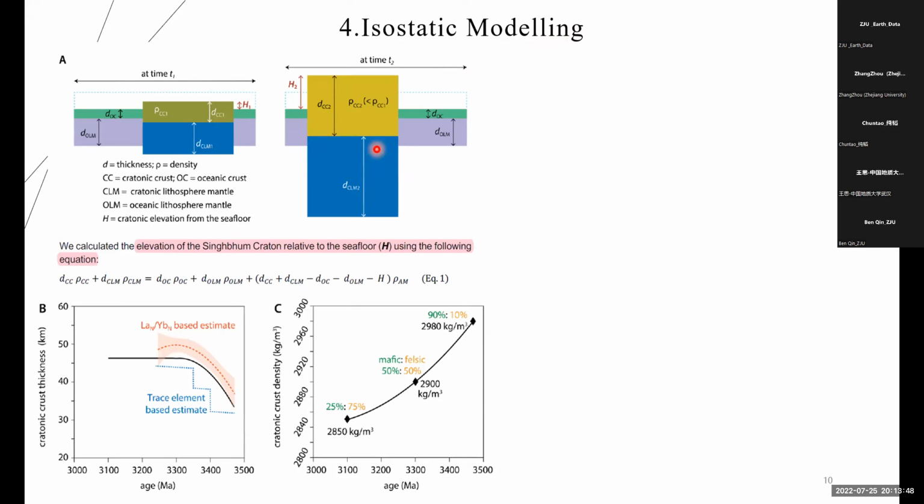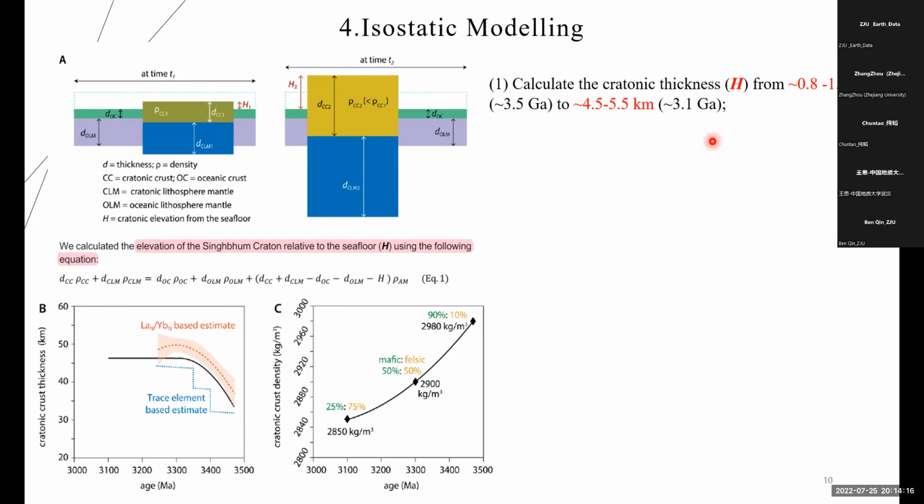That is the low density craton and the high density and low thickness of the oceanic crust. So they just calculate the craton thickness from relatively low at about 3.5 billion years ago to about 4 kilometers about 3.1 billion years ago.